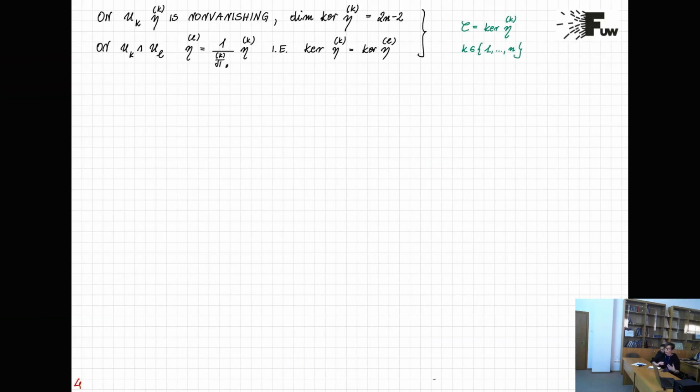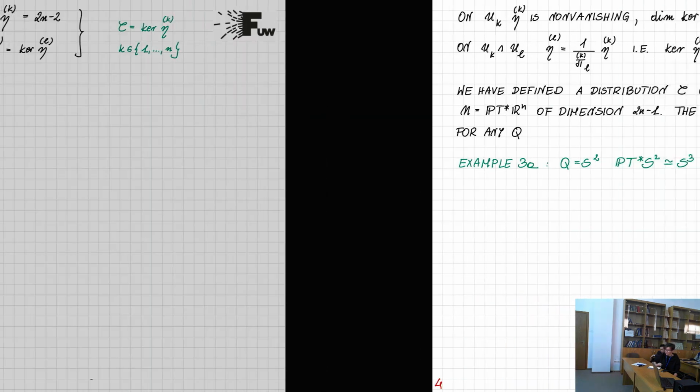Therefore, the kernel is globally defined. So summarizing, I have a non-vanishing form on U_k, which has the kernel, which is the distribution of dimension 2n minus 2. On the intersection, I have proportional forms, so the kernel is the same. Therefore, I can define a global distribution, which will be a contact distribution on the projectivized cotangent bundle.